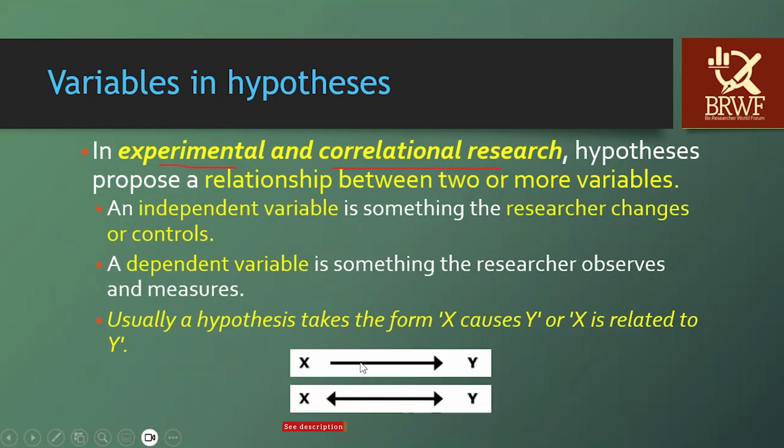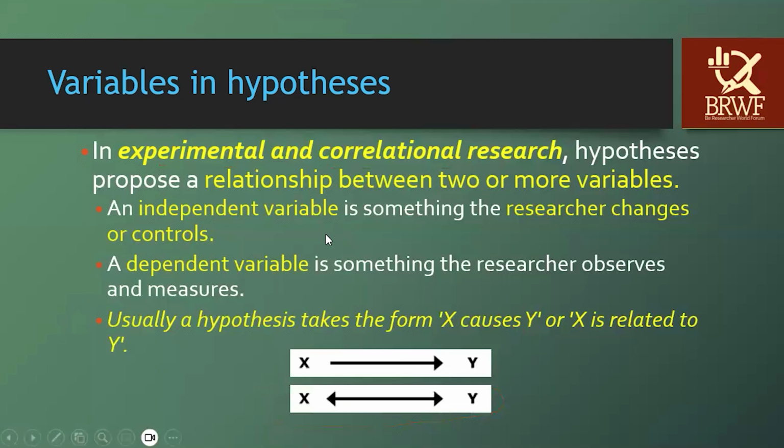If you are going to do some research, then in that research, you must have some variables. Some of them will be dependent variables and some of them will be independent variables. Sometimes two variables have influence on each other. So we will see by example, inshallah.